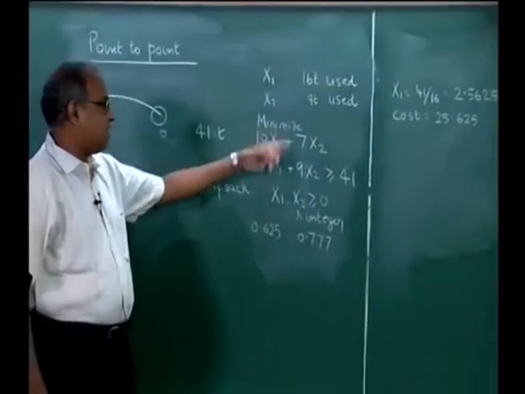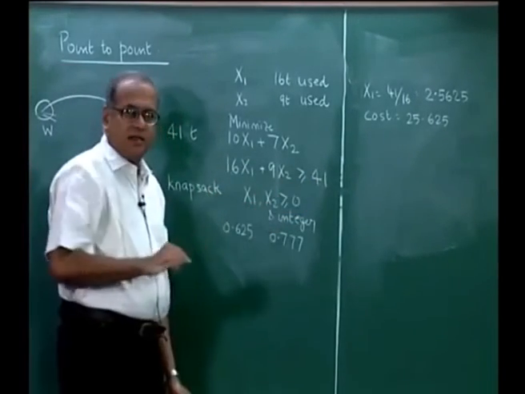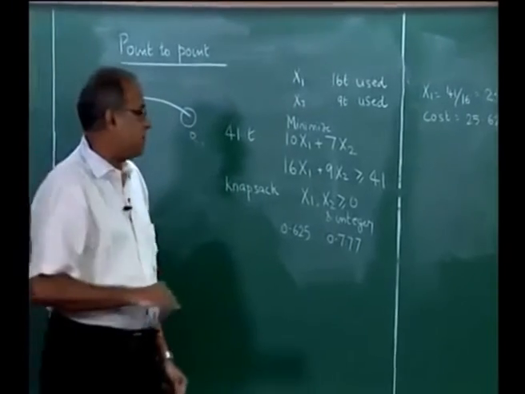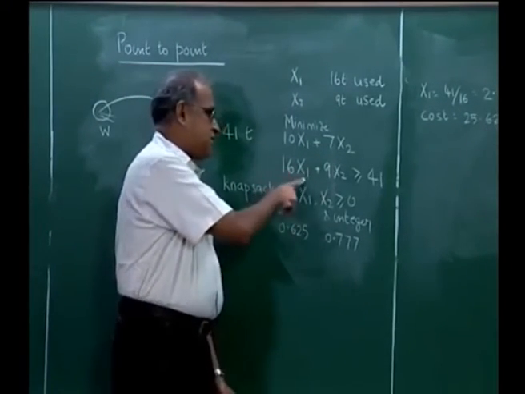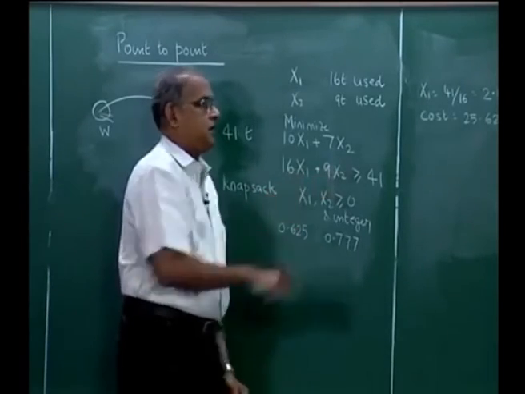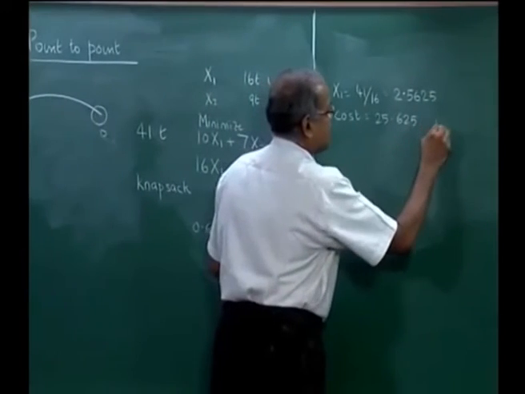So, this will be the LP optimum. Because there is only one constraint, the LP will choose only one variable, and it will choose the variable which has the smaller coefficient. So, it will choose x1 and give it a value 41 by 16. So, 25.625 will act as a lower bound to this.